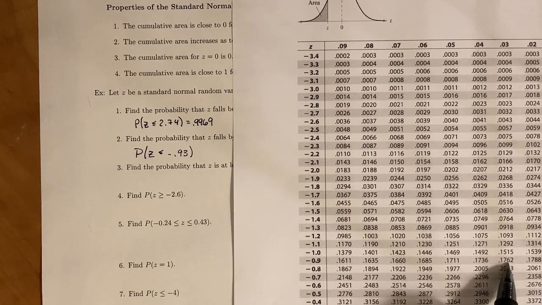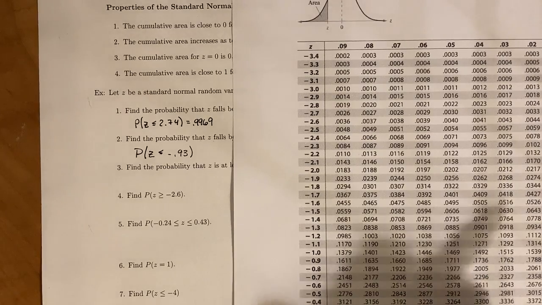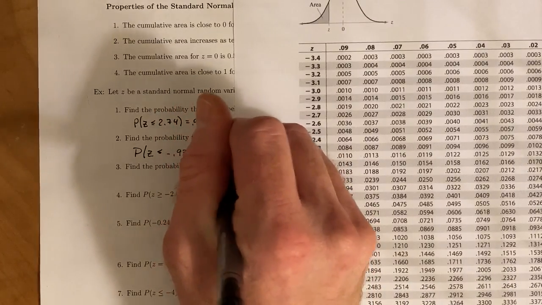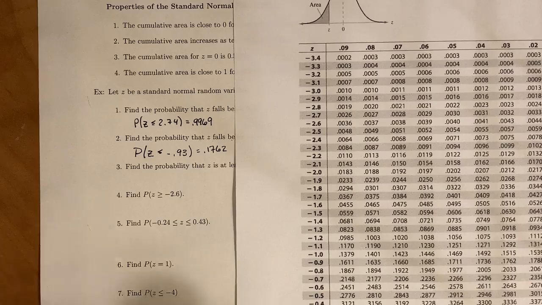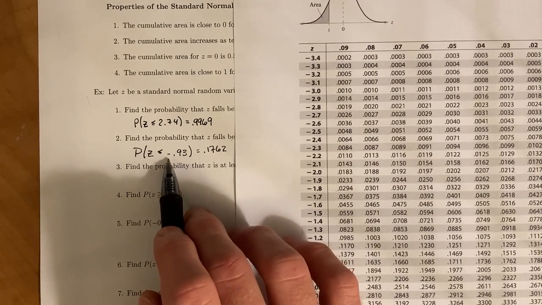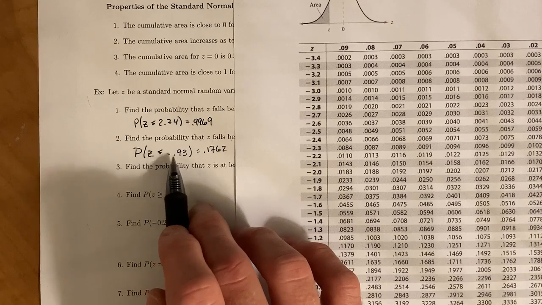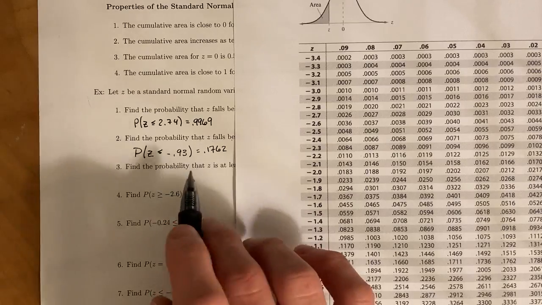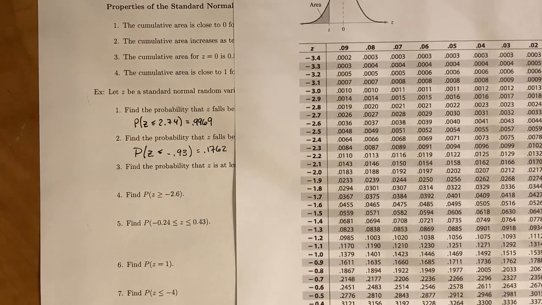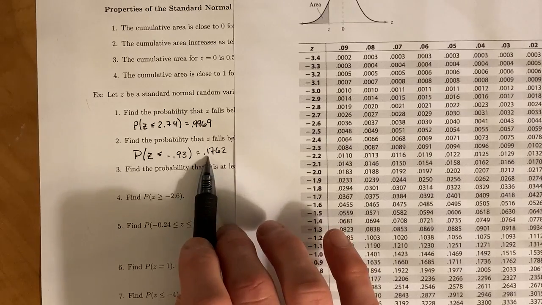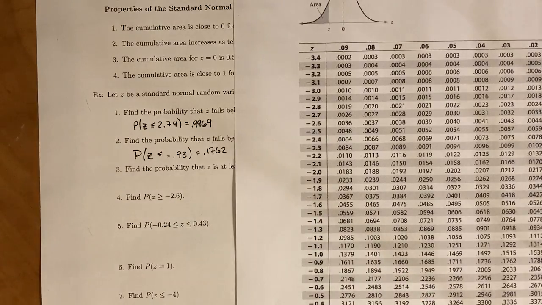And we should be getting 0.1762. Right, so again, we go to the row marked negative 0.9 and the column marked 0.03 to make this negative 0.93. And you find where those row and column intersect, and that gives us this number of 0.1762.